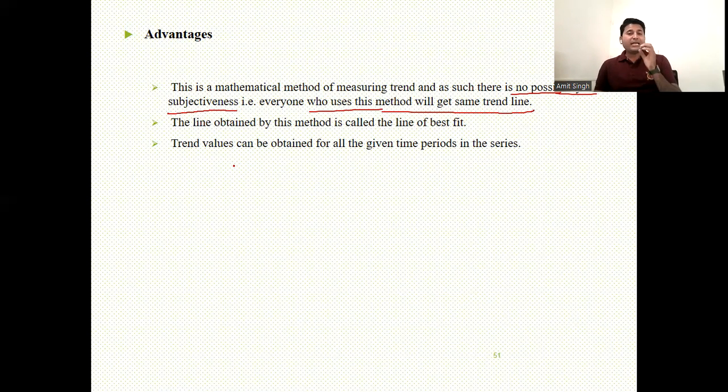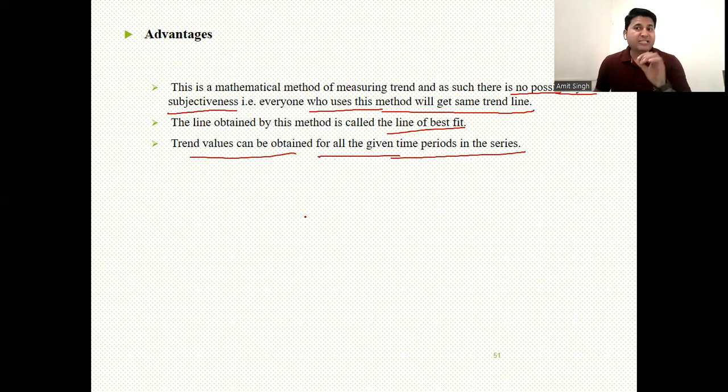If you remember, in the graphical method it's not the same case; the trend line varies from person to person. But if someone is using this method, always a unique trend line is obtained. The second advantage is that the trend values can be obtained for all the given time periods in the series, and it will always be unique.